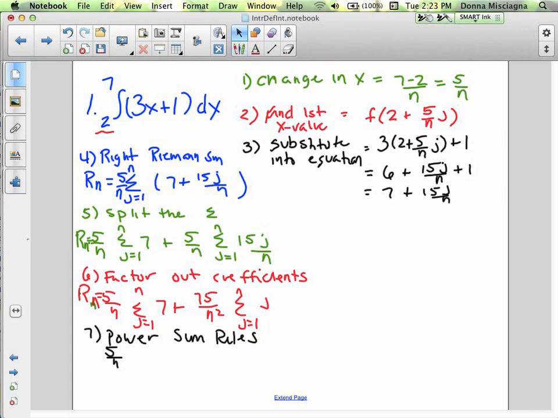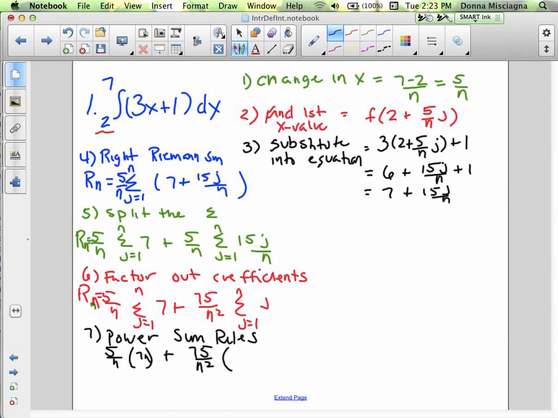So we have 5 over n times 7n, plus 75 over n squared times, and then we use our rule for the power sum. Remember, we switch over to the n's now at this point.